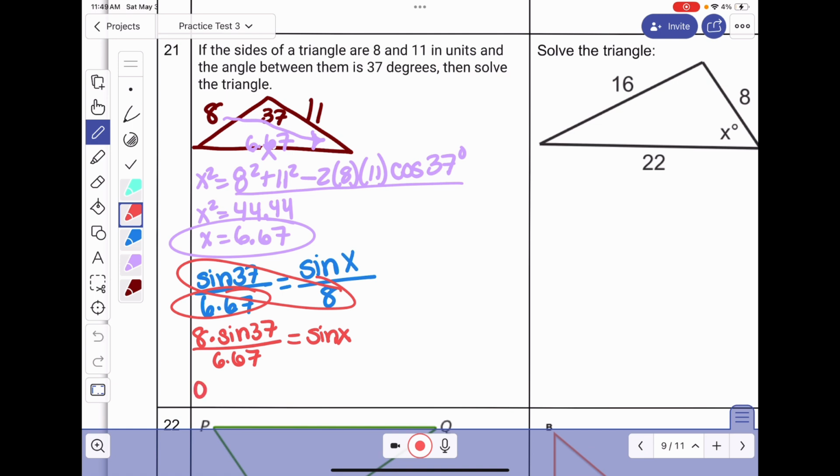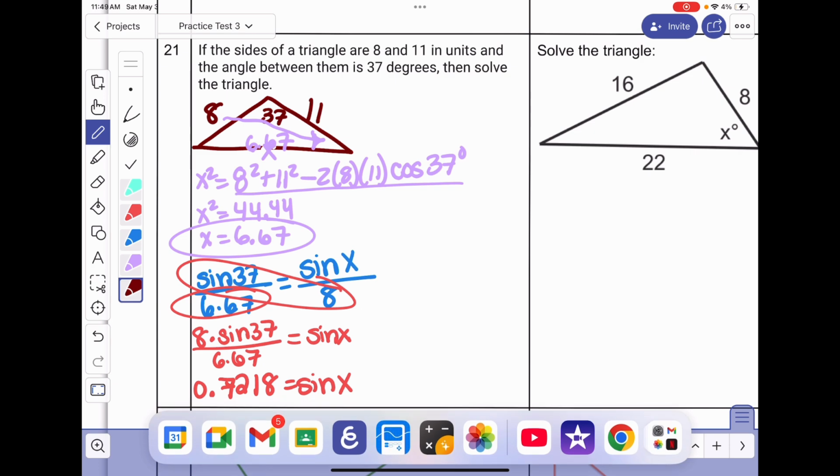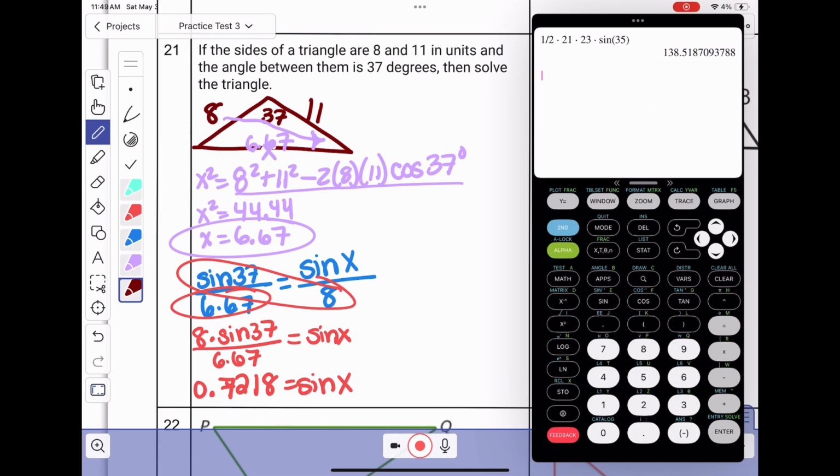If I type that in the calculator, I get 0.7218 equals the sine of x. And to undo sine, we do the inverse. So on my calculator, I'm going to type second sine 0.7218, and I get 46.2 degrees. So that means this is 46.2.